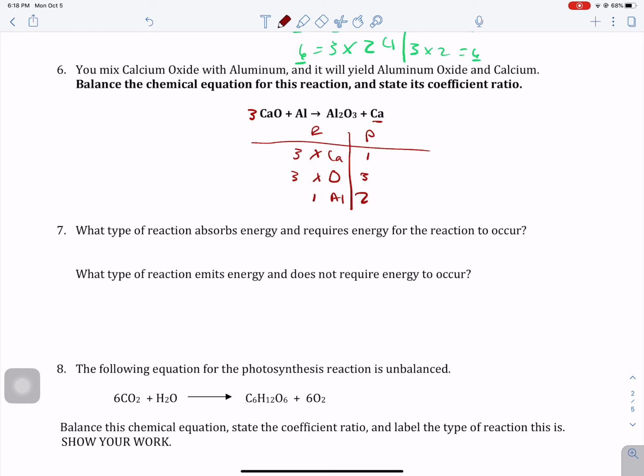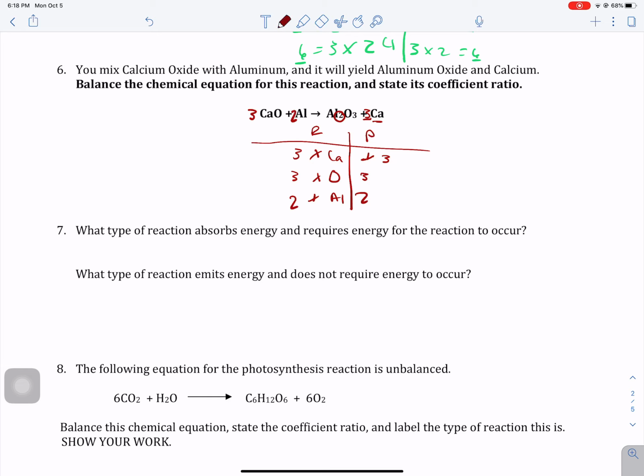And if we have 3 calcium here, we're going to have 3 calcium right here. And let's look at aluminum. Aluminum has a 2 here, and the aluminum right here there's only 1 aluminum. So we're going to have to change that to a 2. So this is a 2 now. So they're all happy.